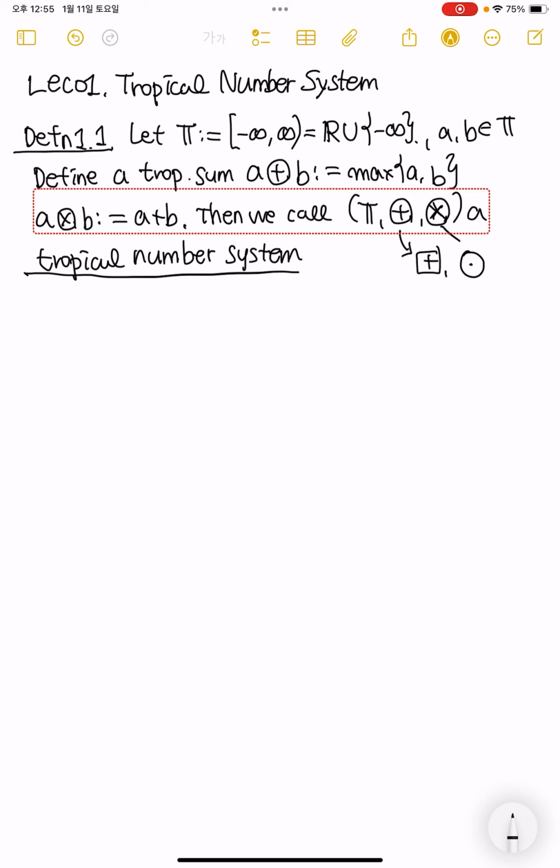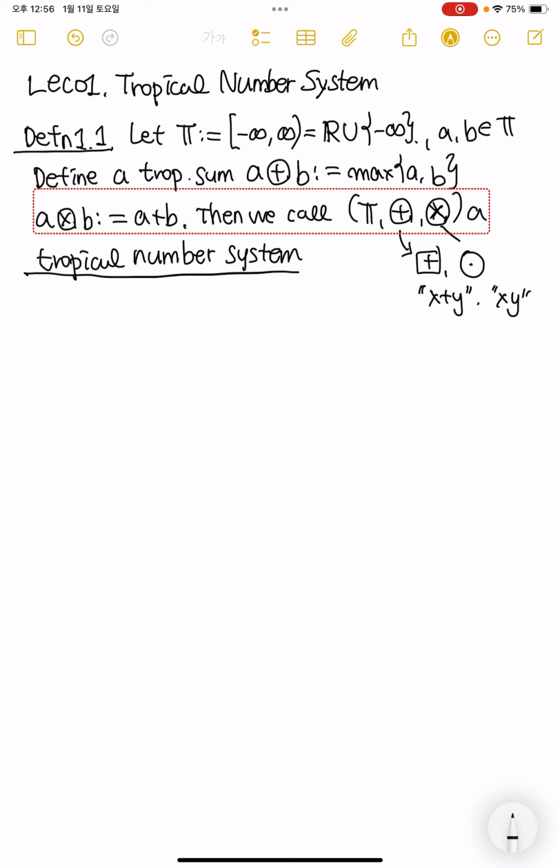Another textbook uses a different symbol, one for the tropical sum and one for tropical multiplication. The Tübingen University textbook uses this notation.